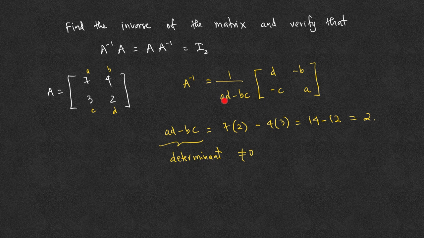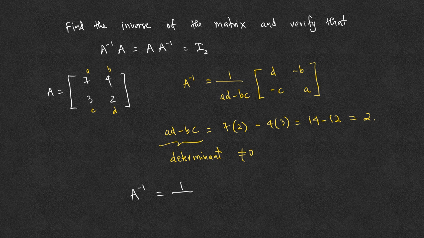So we can always use this formula if the determinant is not 0, and the determinant is AD minus BC. Once we find the determinant, we obtain the inverse matrix for a 2 by 2 matrix only. These shortcuts only work for the 2 by 2 matrix.